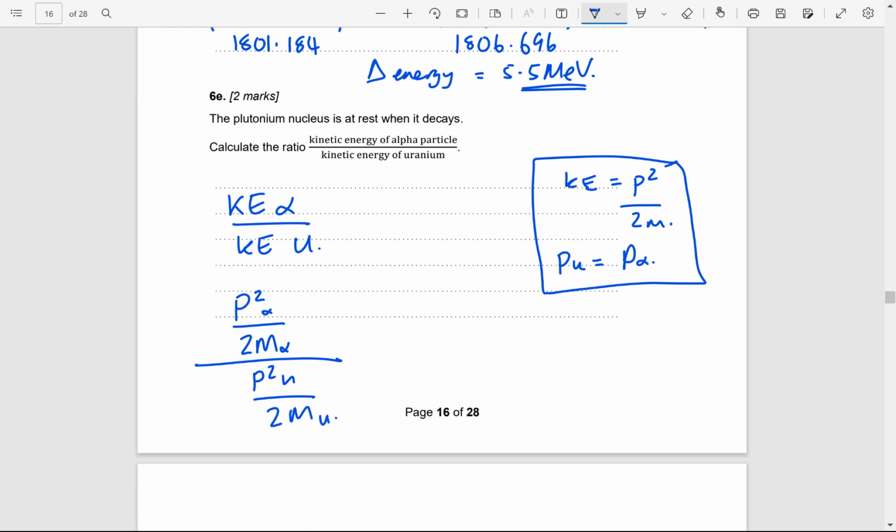I was taught at school, if you're dividing by a fraction, you turn it upside down and multiply. So I'm going to go with p squared alpha over 2m alpha multiplied by an upside down fraction, in brackets just to show you. And this is equal to this, so they cancel.